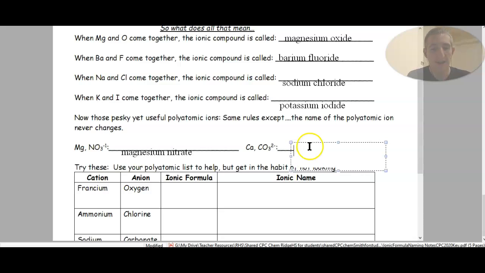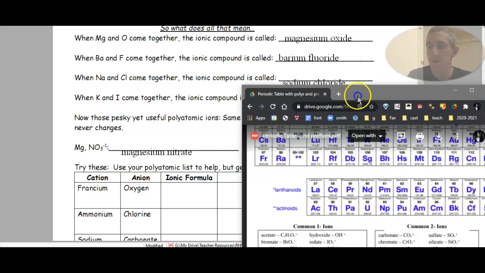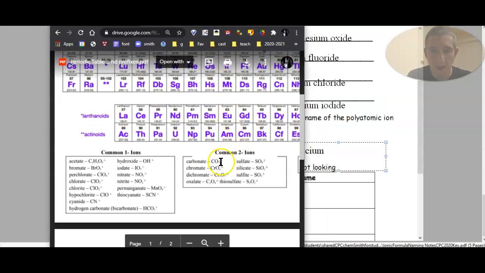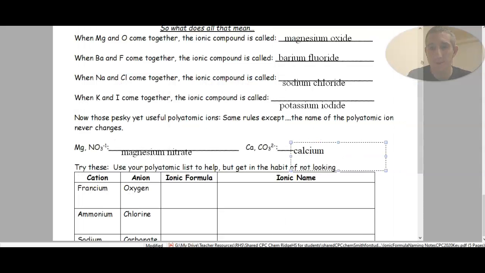The same thing for CaCO3. Ca is just calcium. CO3 2-, I'll pull it over here, that's carbonate. So that's what I'm going to type down: calcium carbonate. Now you'll notice the different ending, ATE, that implies a polyatomic ion, as opposed to all these IDE endings.